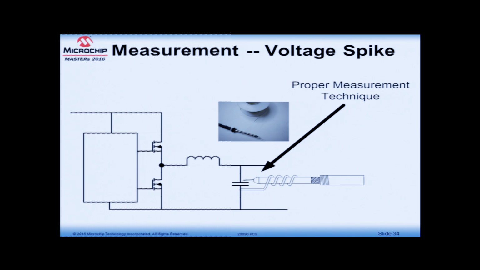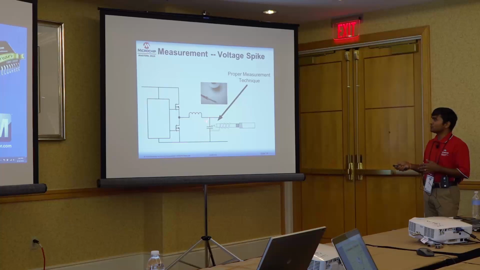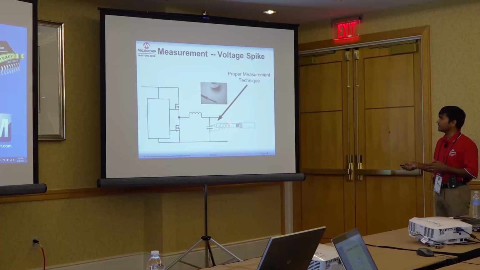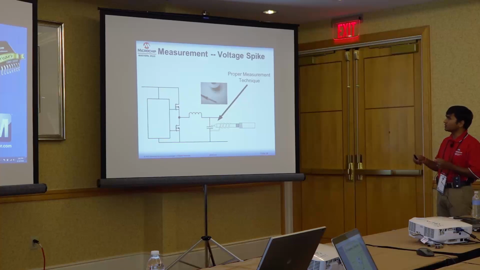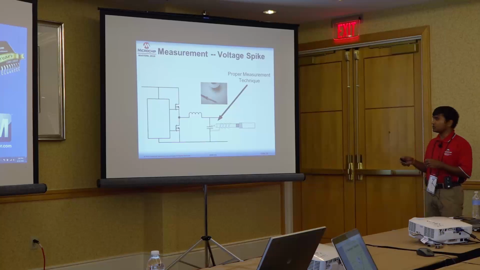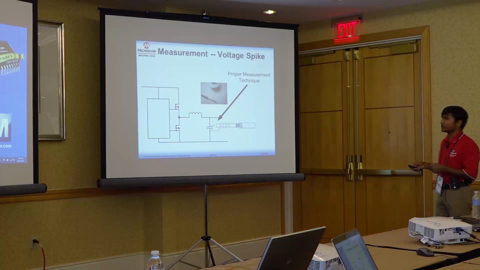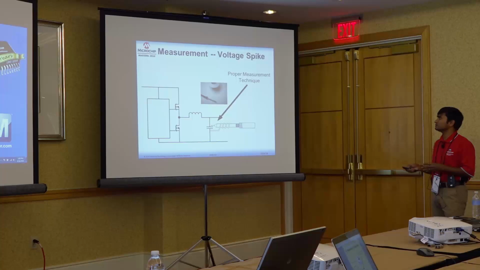Those things we can do, but before we do that, we need to understand how much ripple we exactly have on the output. So, the best way to measure the output ripple is to use a method like this with a small ground loop, called the barrel method. So, place it across the output ceramic capacitor to measure the output voltage.